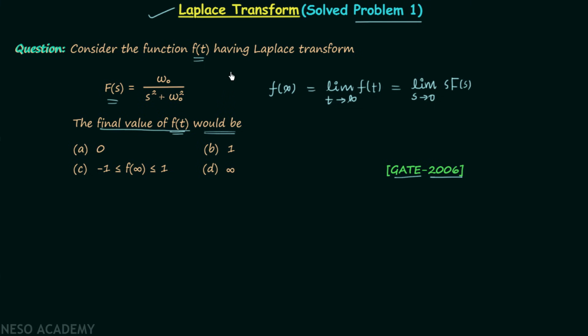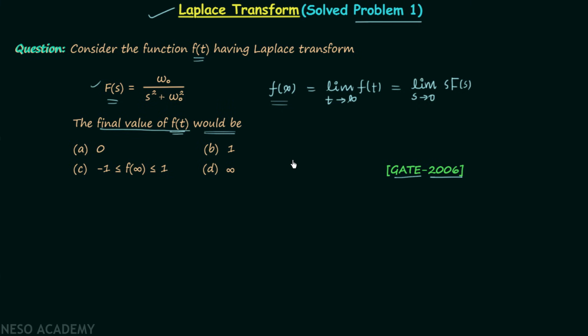In this problem we have F(s), and if we multiply s to F(s) we will get sF(s), and after applying the limit s tending to 0 we will have the final value of the time domain signal f(t). So this is what we can do.